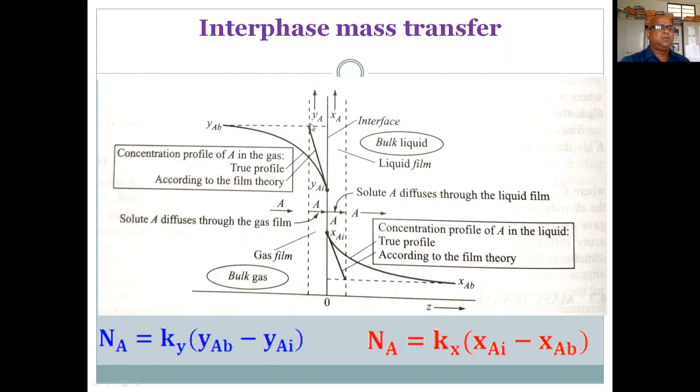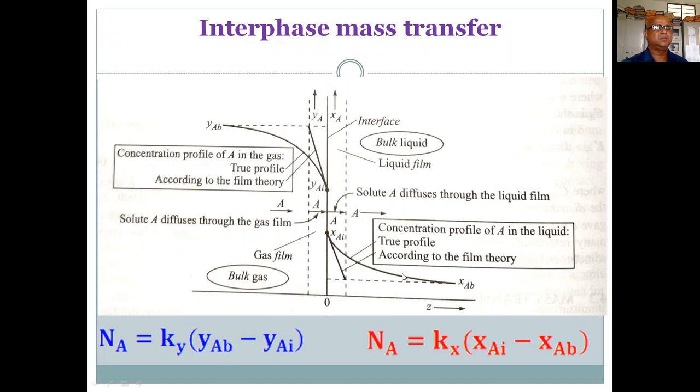So this is our interface. This is Z equal to 0, and this is the gas film. This is my liquid film, and this is bulk gas. This is bulk liquid. So YAB, and this is YAI. Then YAI will convert to XAI.